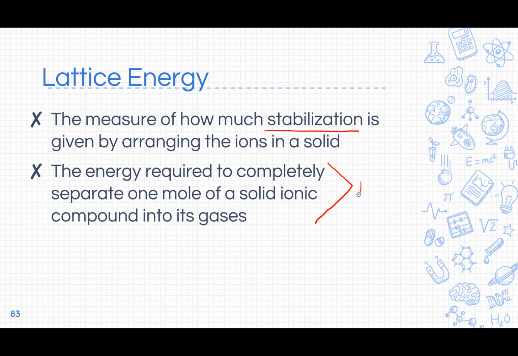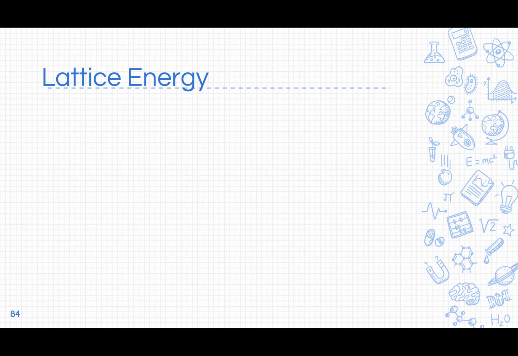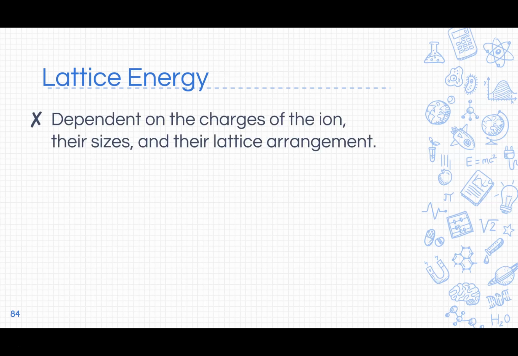So that would be like taking NaCl and breaking it into the sodium and the chlorine ions, right? And so the higher the lattice energy, the more stabilization is provided by becoming a lattice, okay? So mostly the question we get about lattice energy is which has the higher lattice energy? Lattice energy is dependent on the charges of the ions, their sizes, and their arrangement.